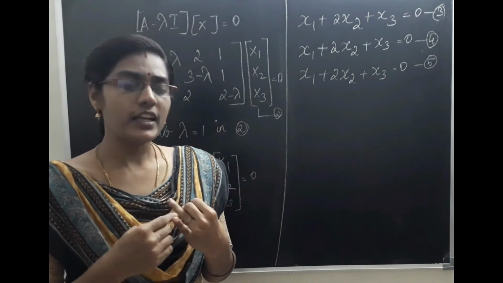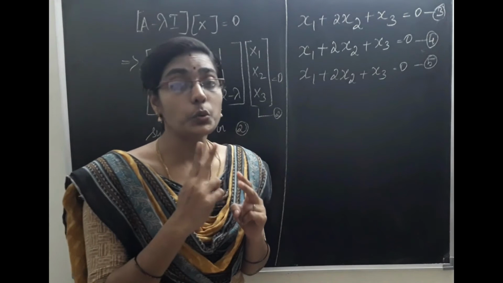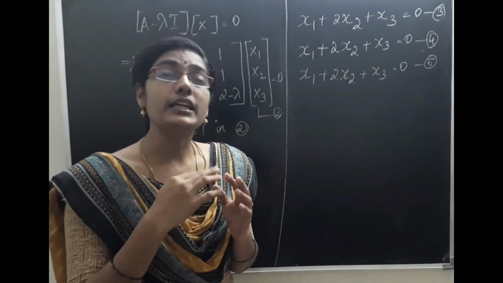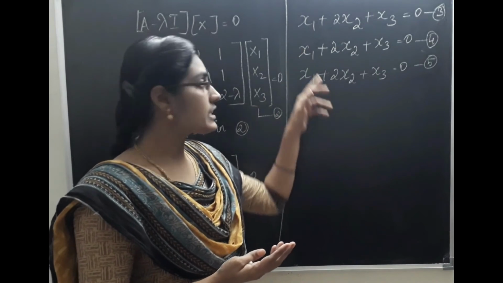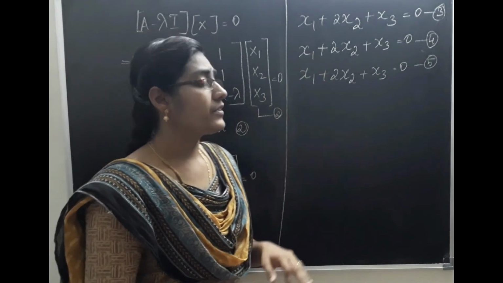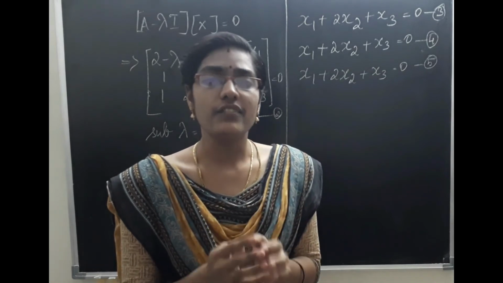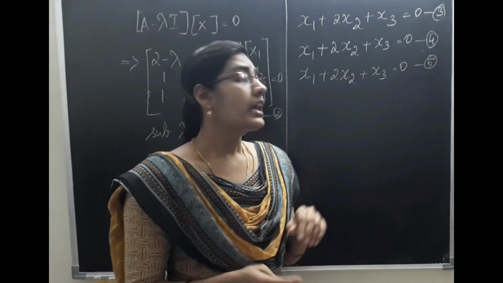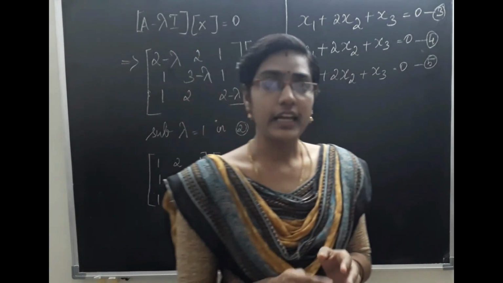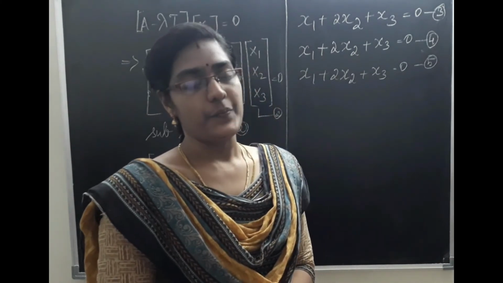So what are our eigenvalues? 1, 1, 5. So the 1 we had two times. Since we have repeated eigenvalues, we get a system of equations which are similar to each other. In this case, we can say the eigenvectors are linearly independent. Not in all cases of repeated eigenvalues will you get the same equation.